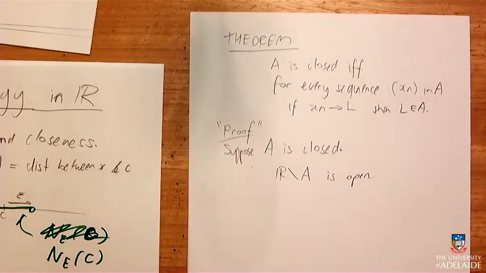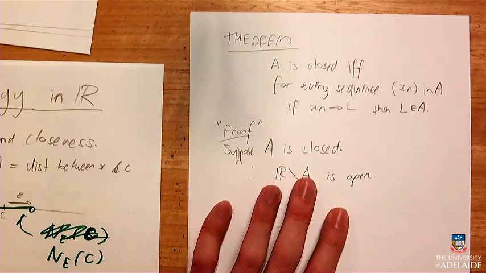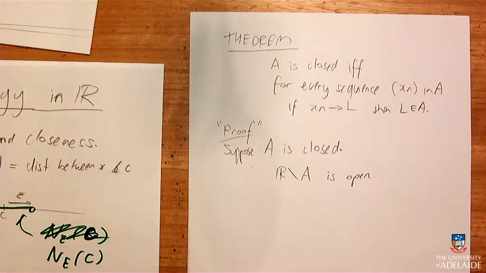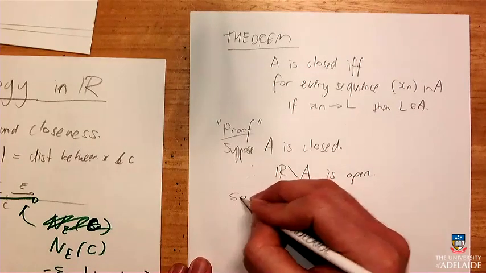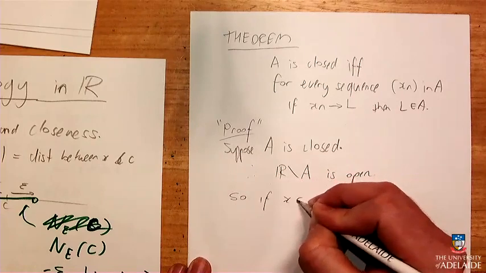And what that means is, if I pick something in R without A, then there is an open ball, that's what we call it in 3D. So there is a neighbourhood that's contained completely in R without A.